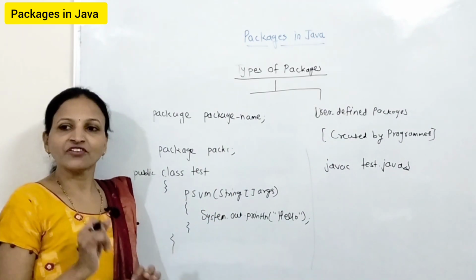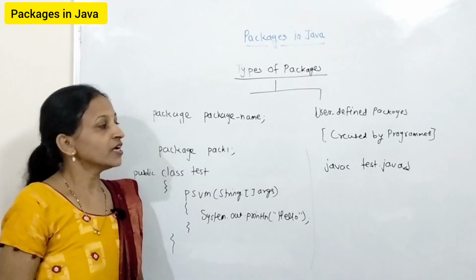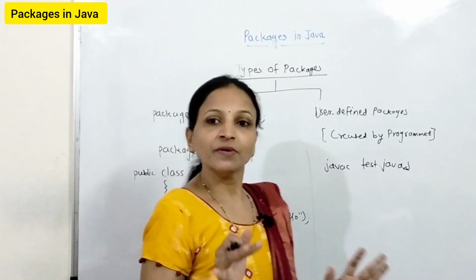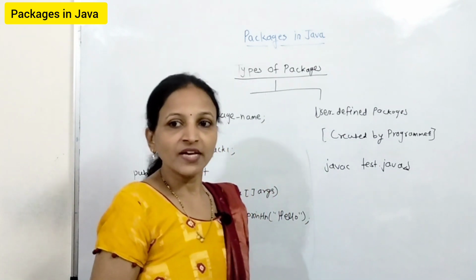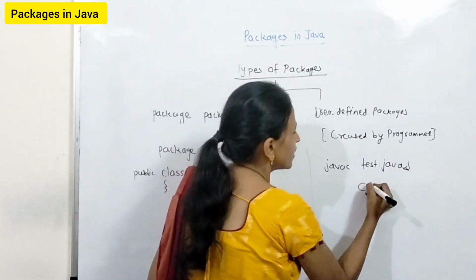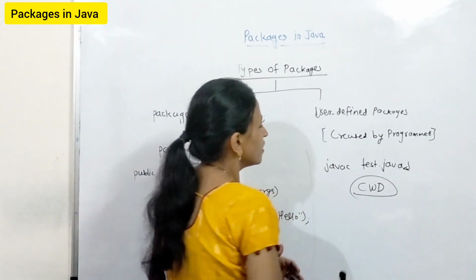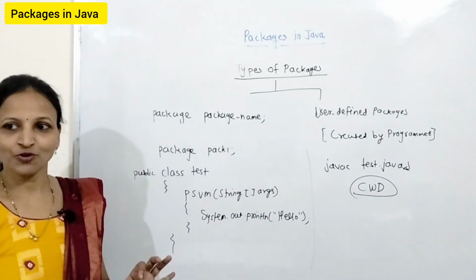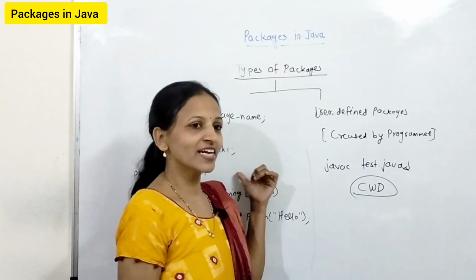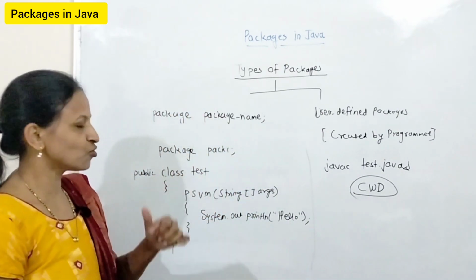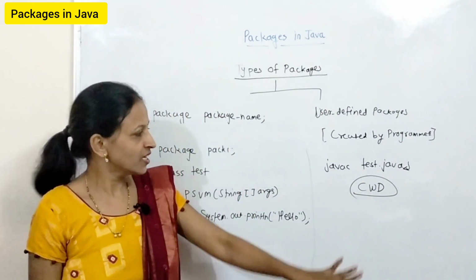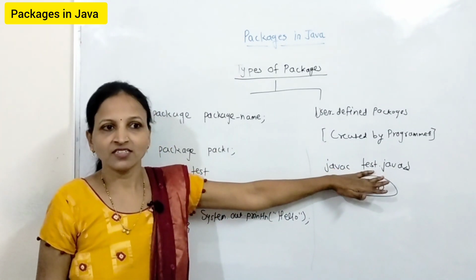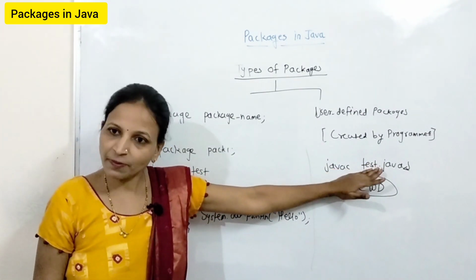This will definitely be compiled properly. Test.class file will be created, but it will be placed inside the current working directory. No package will be created. If you want that package to be created and this Test.class file to be placed inside it, then don't go for this. This is a normal practice.